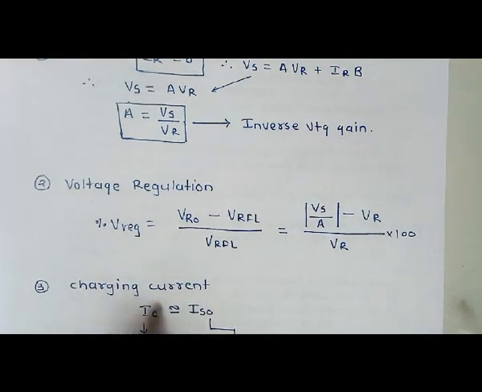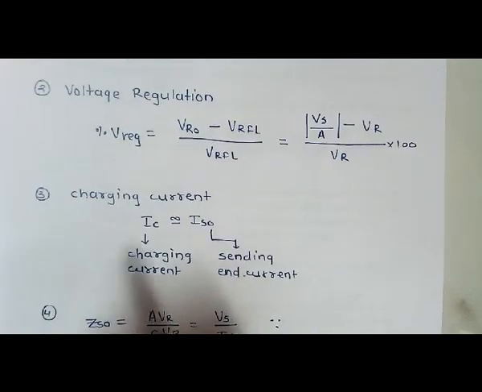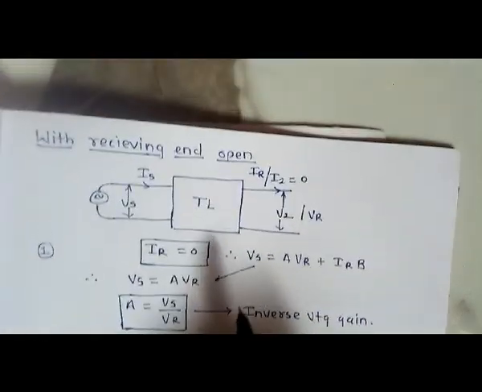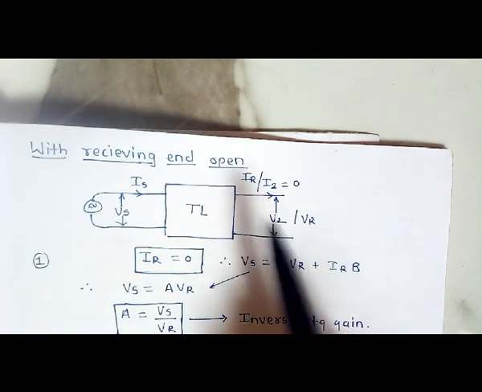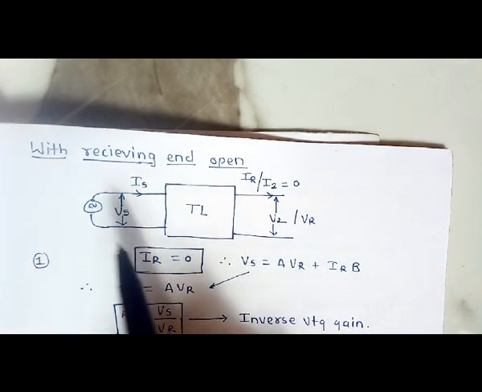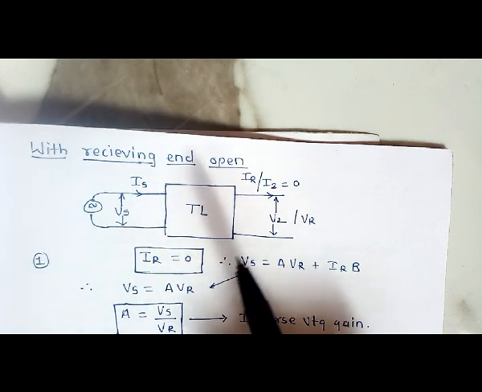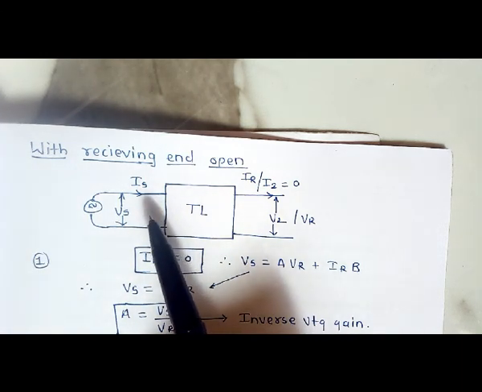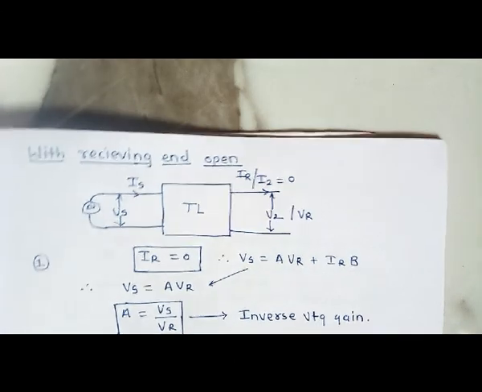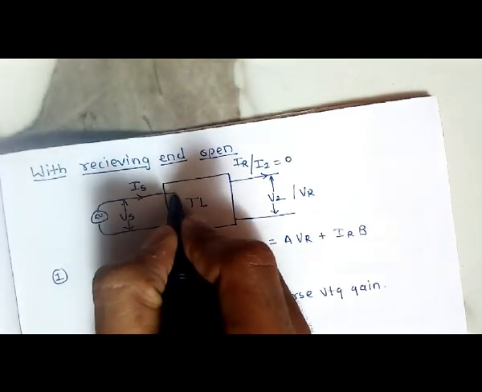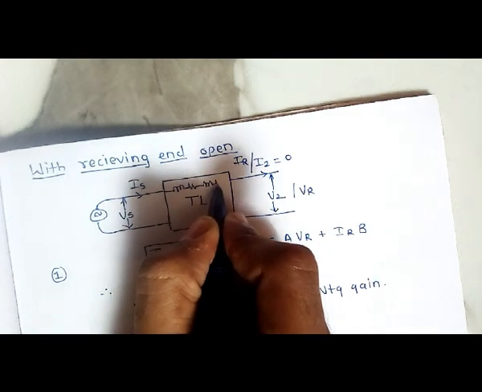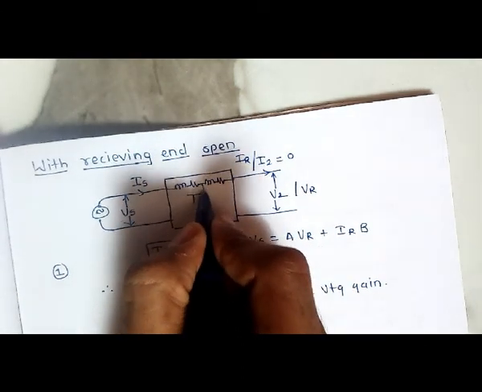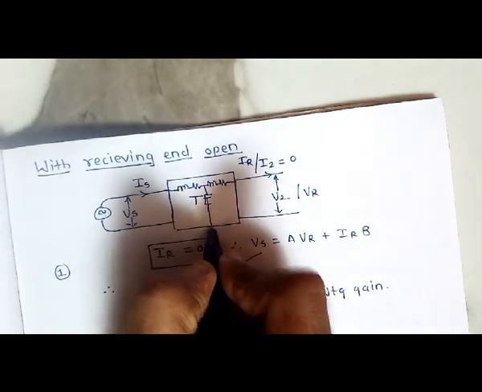Next will be the charging current. Now we have seen that the receiving end current is 0, but the sending end current IS is not 0. The current can go only where we have modeled it: we have some resistance, inductance, and a shunt capacitor.